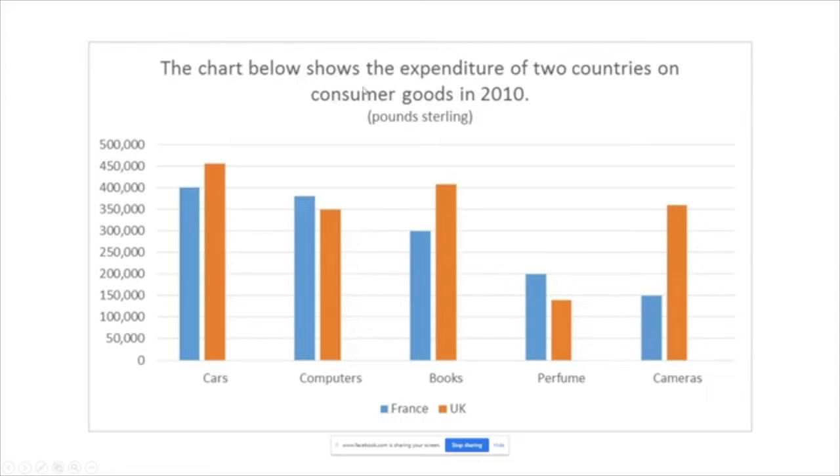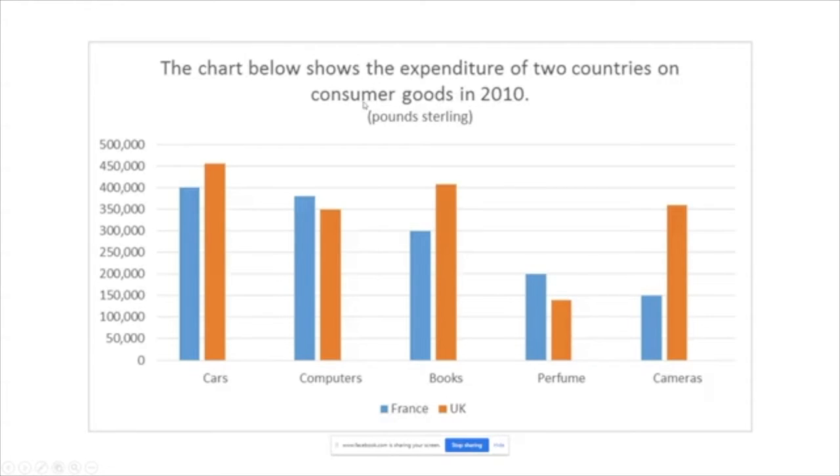So, we're looking at expenditure in two countries. Expenditure simply means how much money is spent. Okay? So, we've got France and the UK. How much money do people in France spend, and how much money do people in the UK spend on consumer goods? Consumer goods are things that we can buy in the shop.